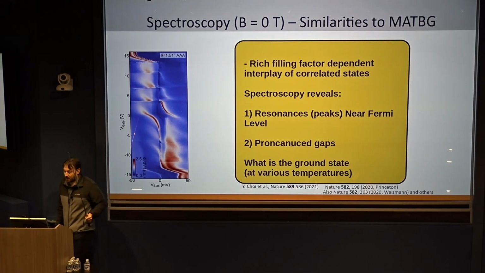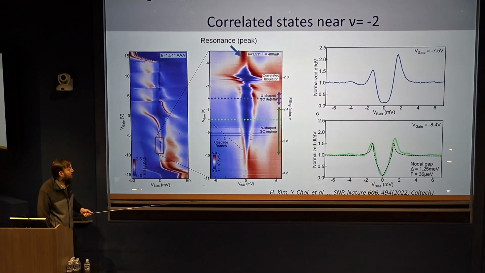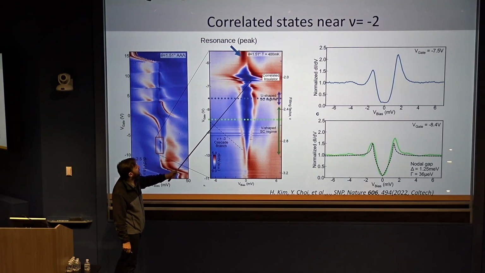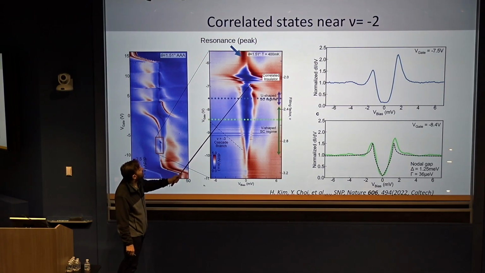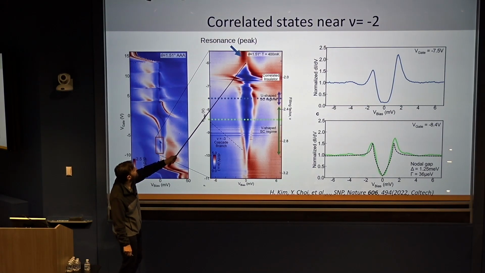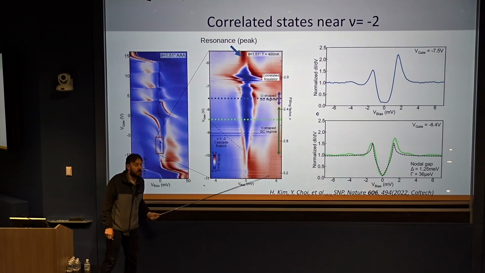Originally we first focused on studying the gaps close to -2. In this region you see the gap. You can directly see that this gap originates from some kind of resonance that splits in a complicated way here, and then splits more symmetrically as you dope the system.